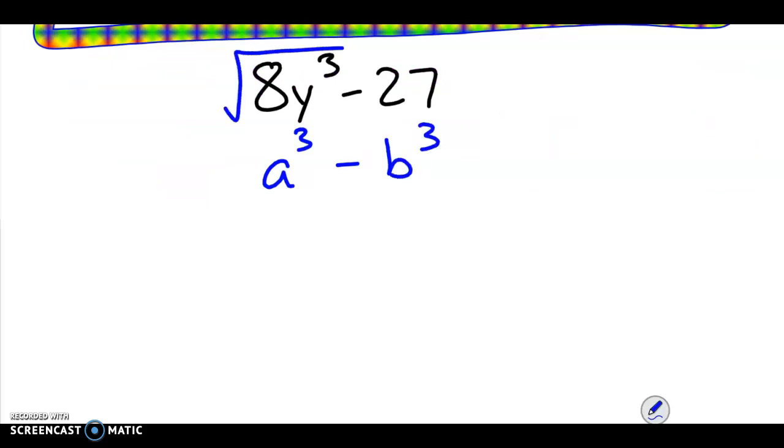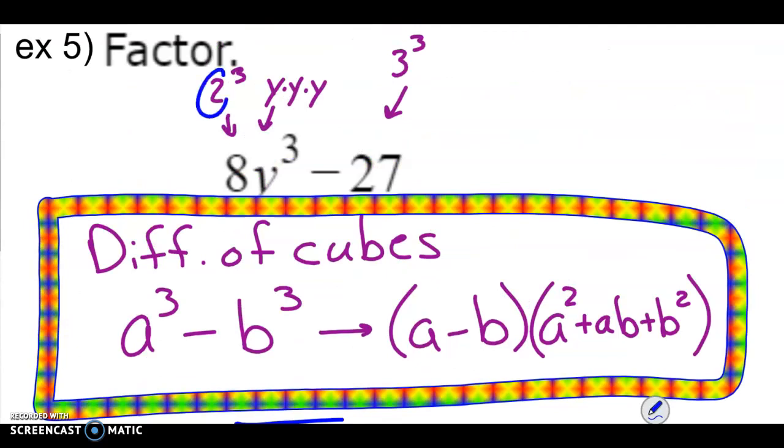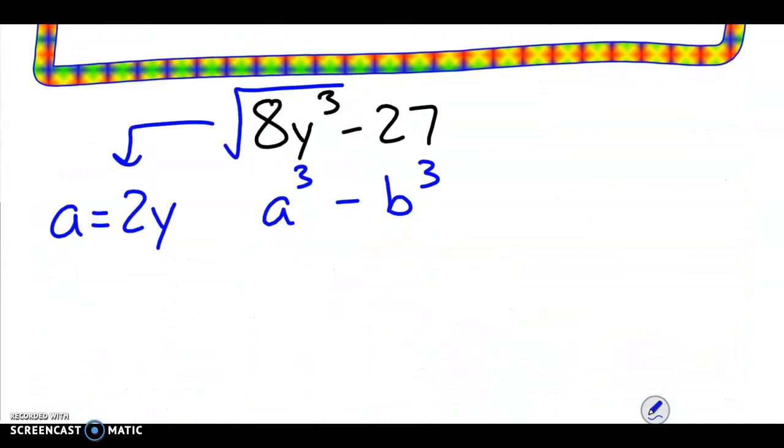So the cube root of that term is going to be your a. Your a here will equal 2y. That's what we got from these things. 8 is 2 cubed. Y cubed is y. And then your cube root of 27, your b value, is 3.